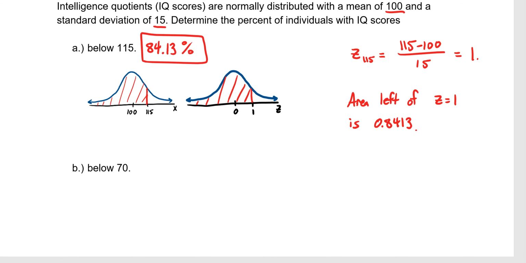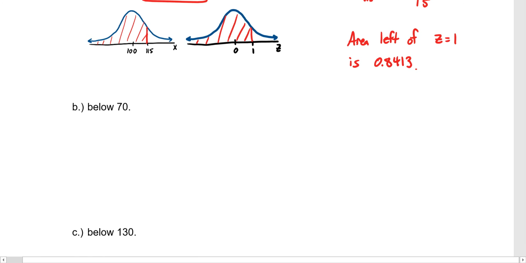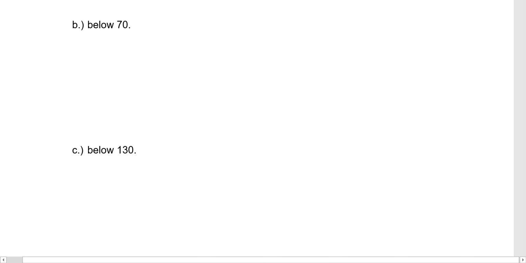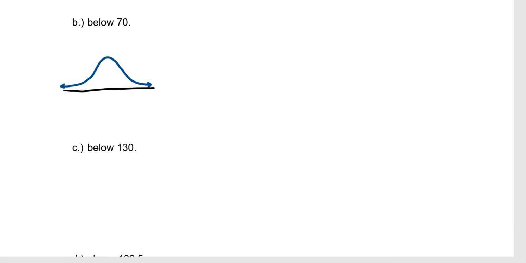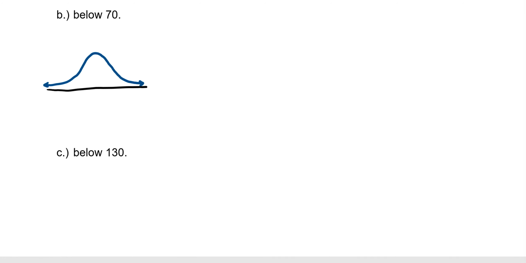Okay, let's take a look at the next one for below 70. And if we're taking a look at it on the normal curve, this was a mean of 100. These are going to be the data entries. So 70 is going to be over here somewhere because it's below 100.